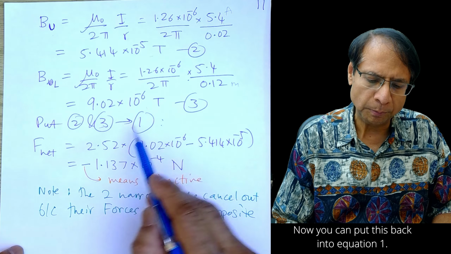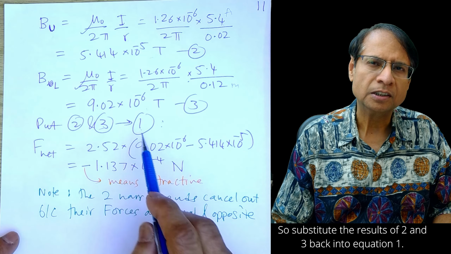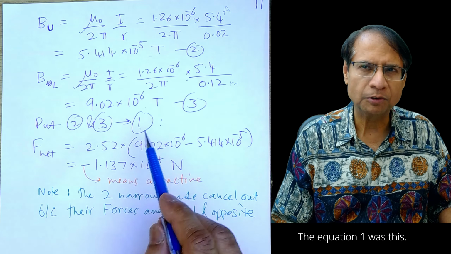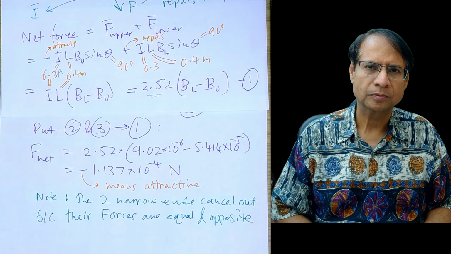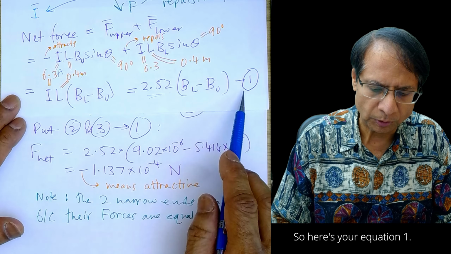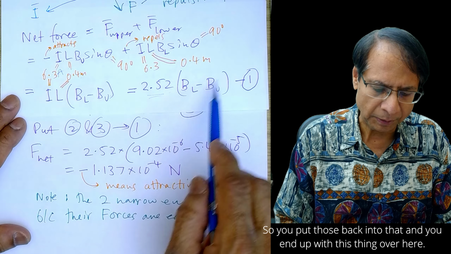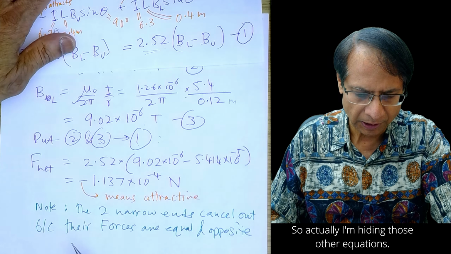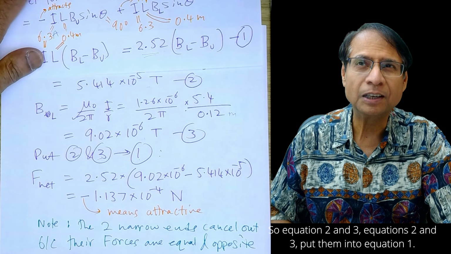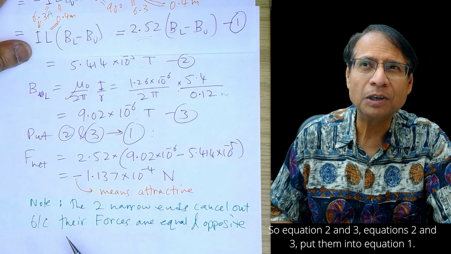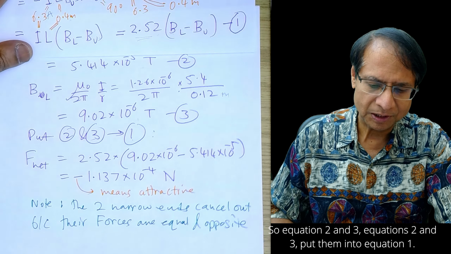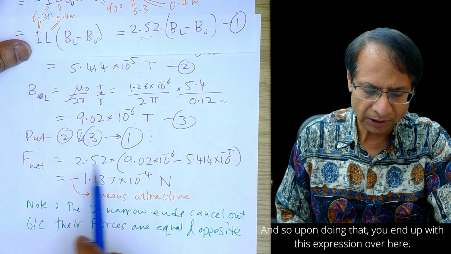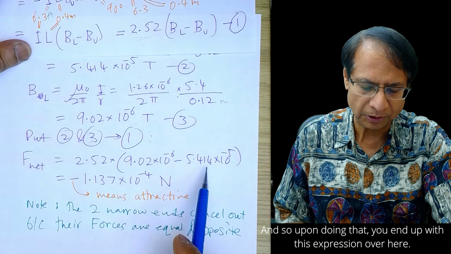Now you can put this back into equation 1. Substitute the results of 2 and 3 back into equation 1. So here's your equation 1. You put those into that, and you end up with this expression over here.